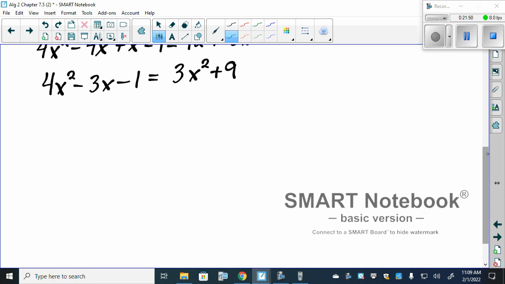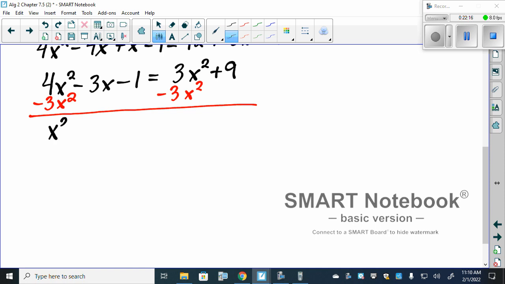Now at this point here, we do need to get everything on the same side of the equation because we have quadratics. We do have an x squared term. And what's the first thing we can do? Yeah, subtract the 3x squared. And if we subtract 3x squared from both sides, well, 4x squared minus 3x squared would be x squared.